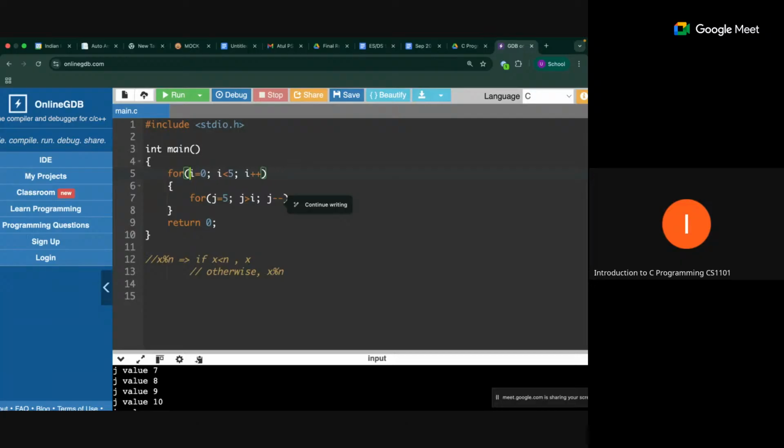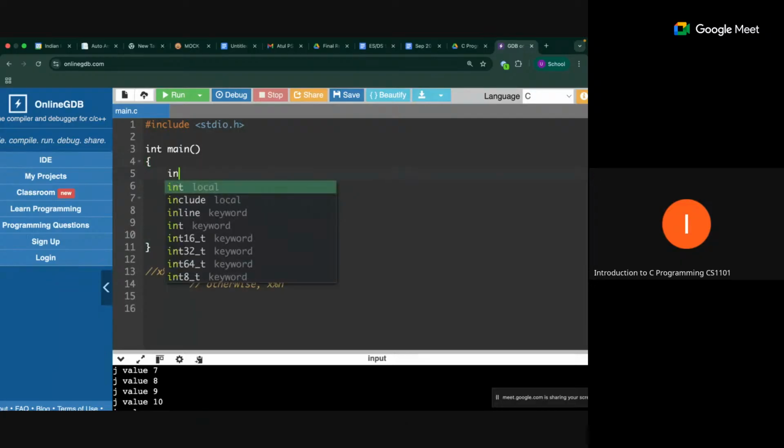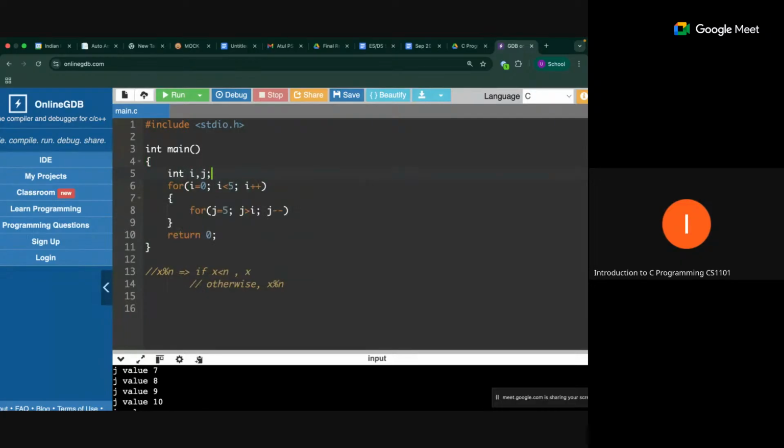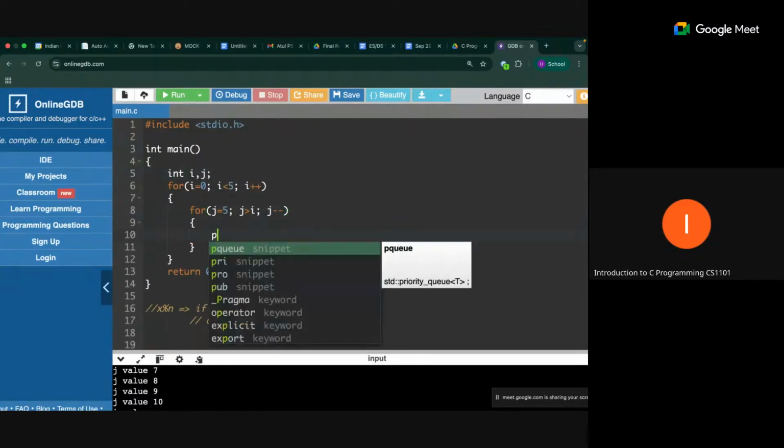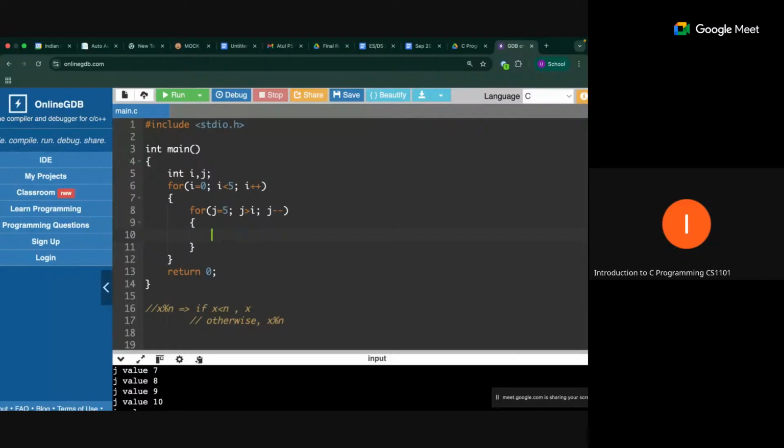If the i value changes, the j loop also changes based on that. Here I'm just giving k++ to check how many times the loops work. At last I'm giving printf with %d and the k value.